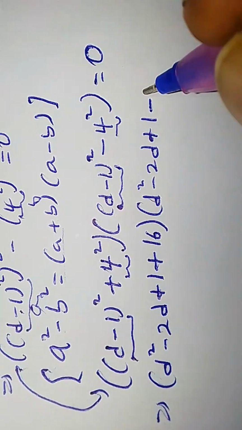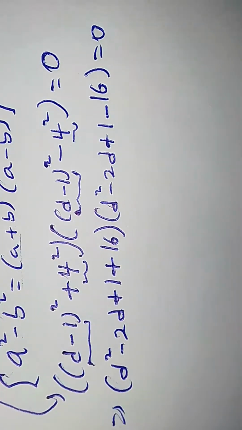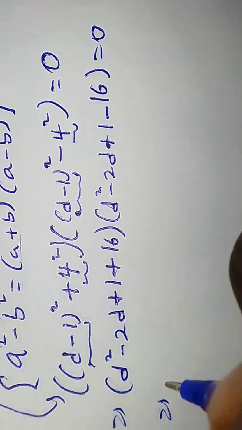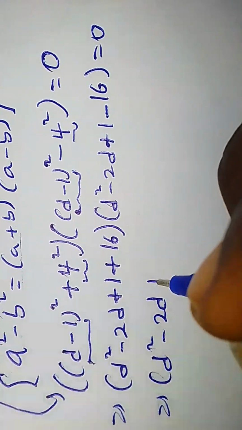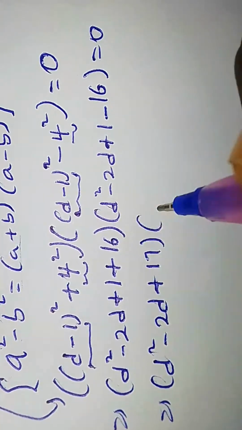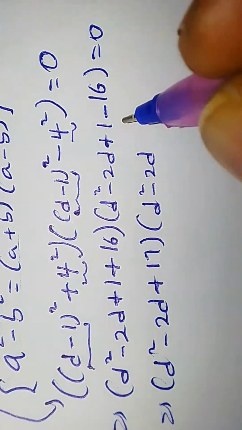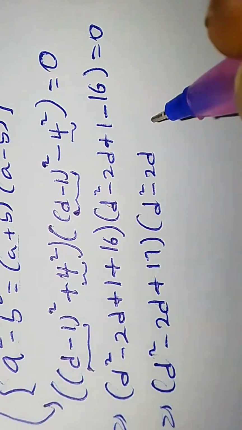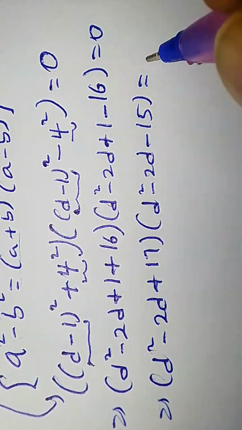That is 4 times 4, 16) equal to 0. This means that (d^2 - 2d + 1 + 16, that is 17) times (d^2 - 2d + 1 - 16, that is -15) equal to 0.